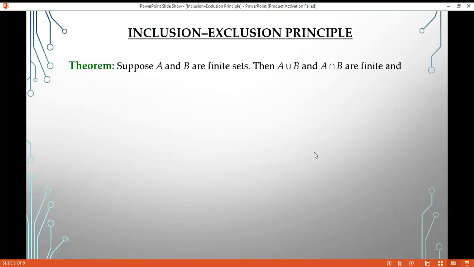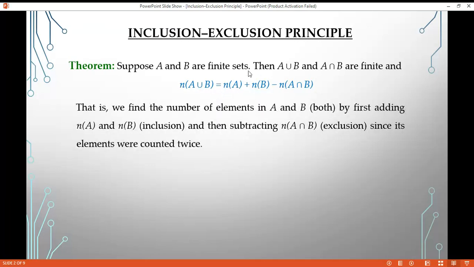In this inclusion exclusion principle, we have two sets A and B, and they are finite sets. So A union B and A intersection B are also finite if our sets are finite. The number of A union B, or you can say the cardinality of A union B, is equal to the sum of the separate numbers, number of A plus number of B, and this is called the inclusion.